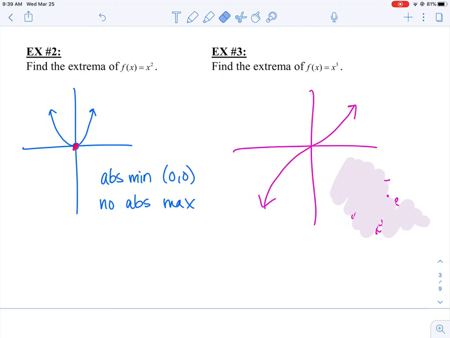Again, they weren't going to give you a picture, so hopefully you know what the x cubed graph looks like. And so I drew it there for you. If I'm looking at this x cubed graph, where would be the absolute extrema, the absolute highest and absolute lowest point? Well, because my x cubed graph continues to go down and continues to go up in both directions, I can't say that there's actually any extrema.